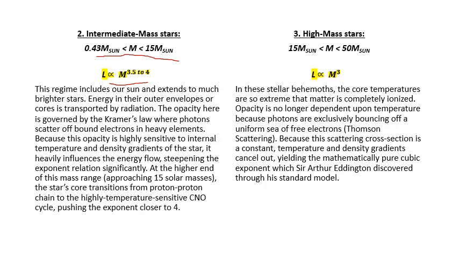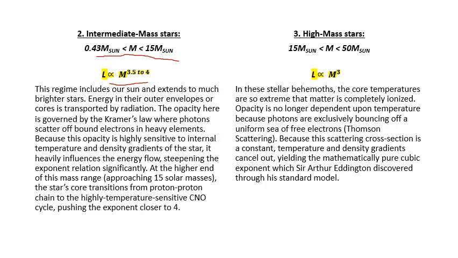Here radiation has a good role to play, and the opacity is governed by Kramers' law. I think you should study Kramers' law by yourself, because here photons scatter off electrons in heavy elements. So these stars' cores also have carbon, magnesium, silicon, and it can even go up to iron in certain situations when the star is in its death stage.